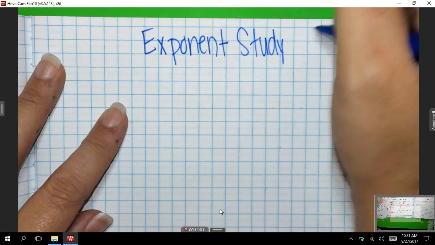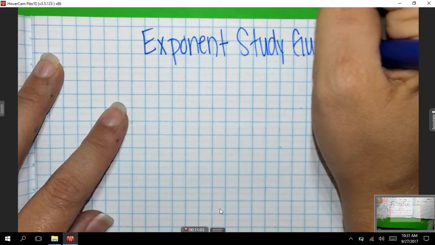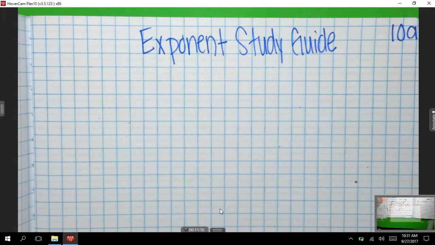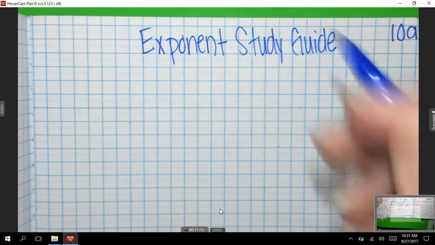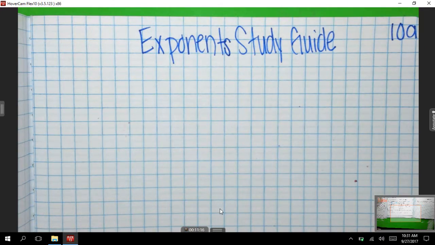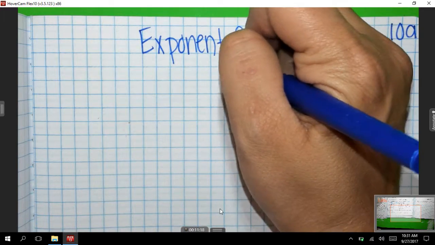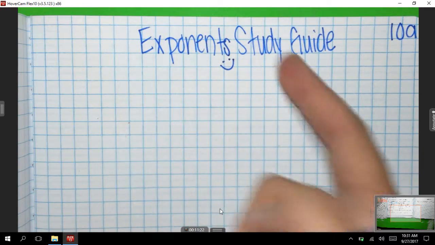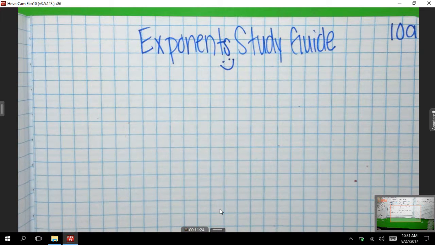All right, exponent study guide. That's an apostrophe, and it's not possessive. So you only use an apostrophe when it's possessive or a contraction.